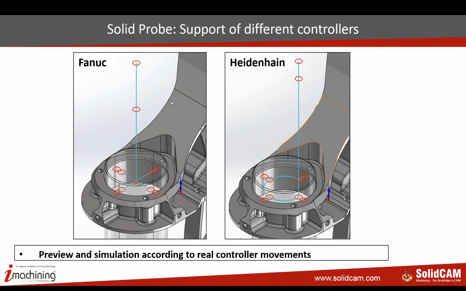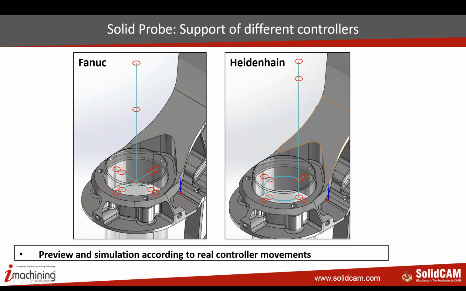Now, the differences between the controllers. We have different controllers with different cycles, but they do pretty much the same thing. They need to touch the part and store results for each measuring point, and find, for example, the center and the dimension of a circle. Now, the behavior of a cycle varies between the controllers.